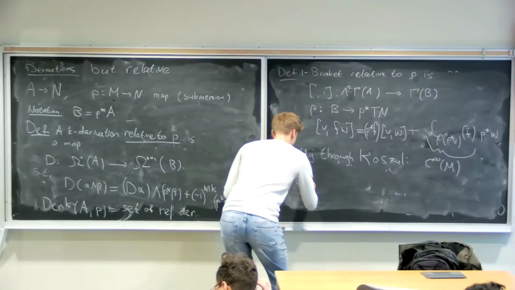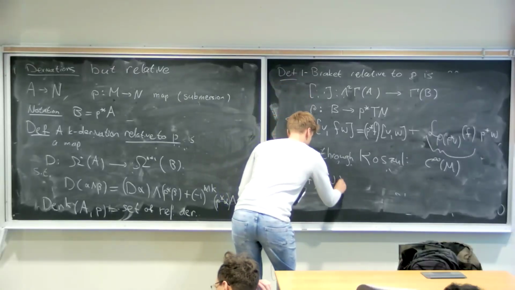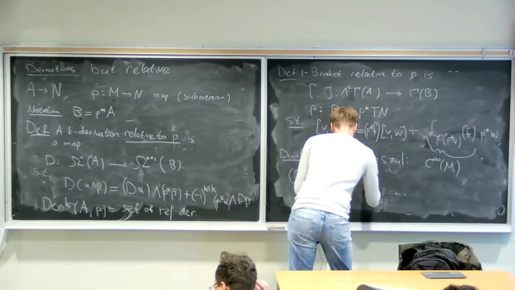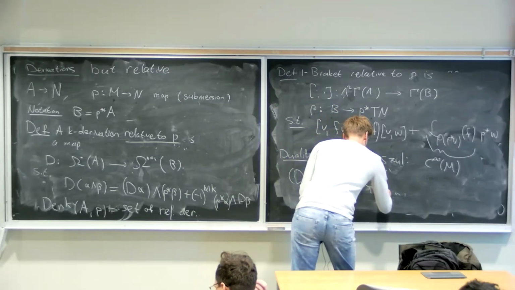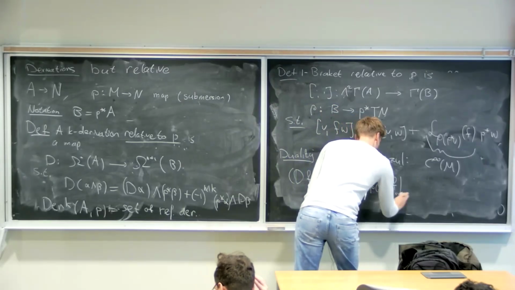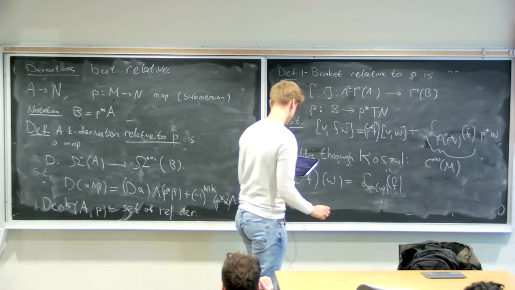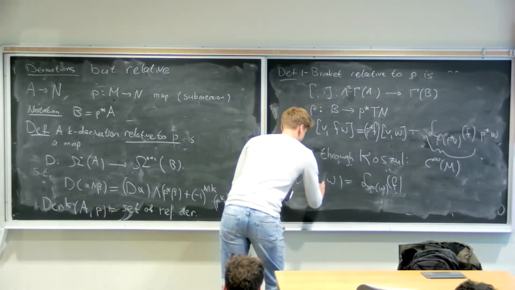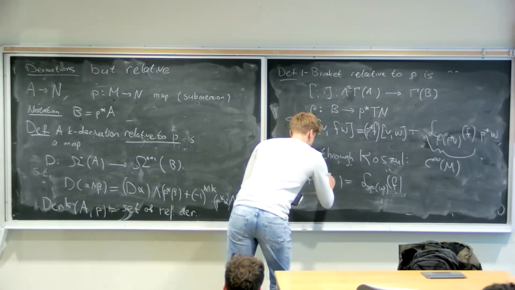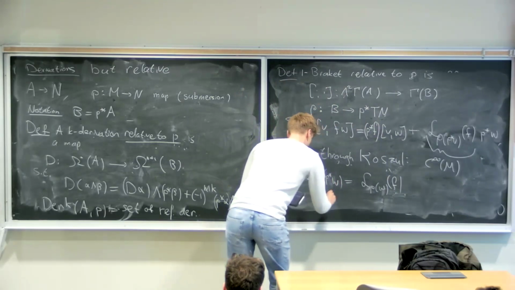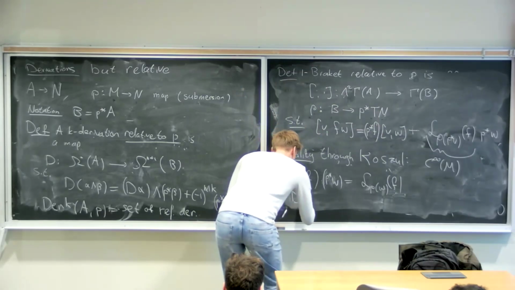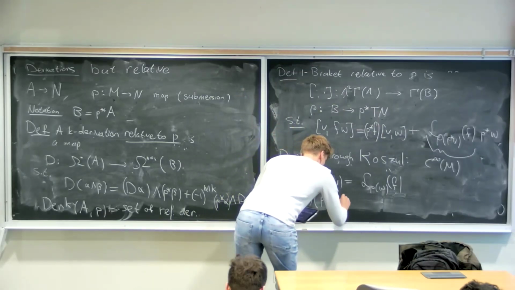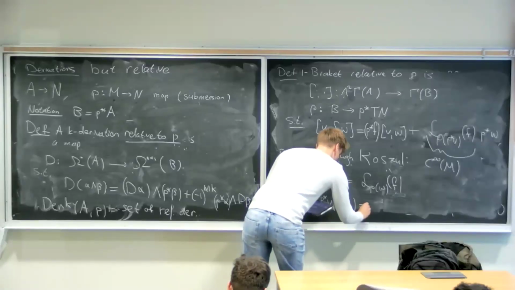So d F compared with some w is the same as L rho w of F. Maybe technically I want to pull this back, P star w. And d alpha, some P star v, P star w.